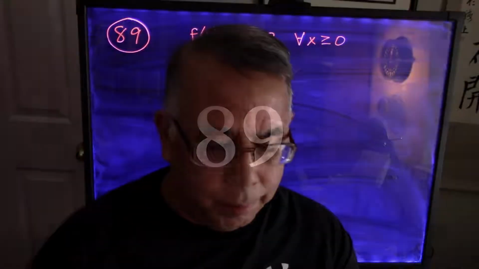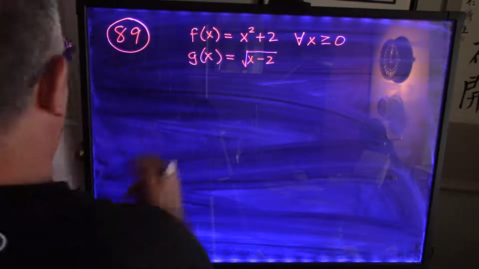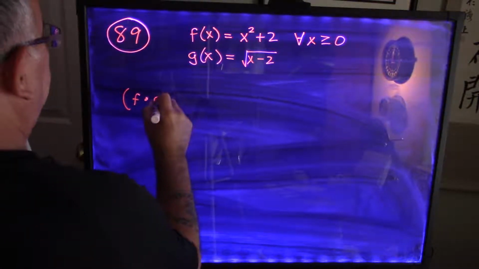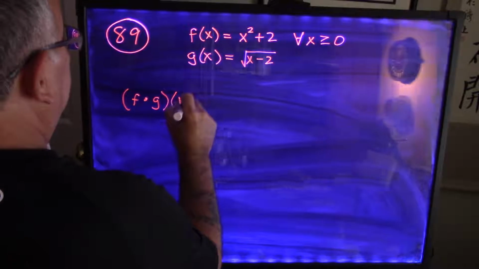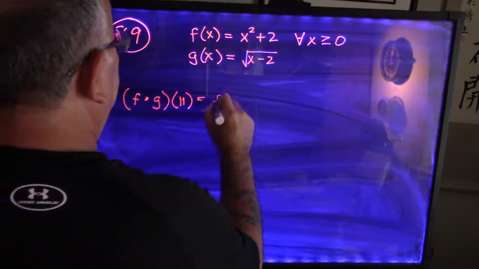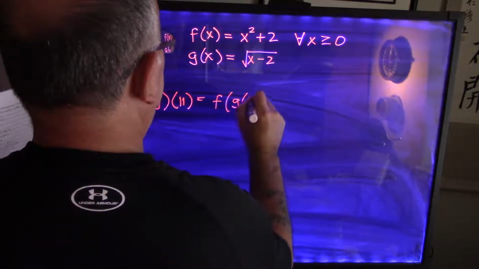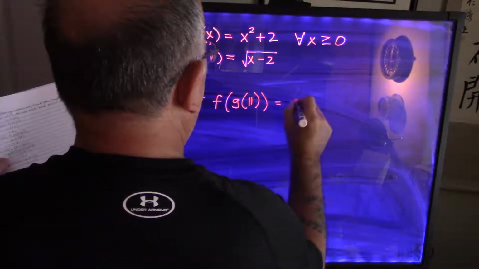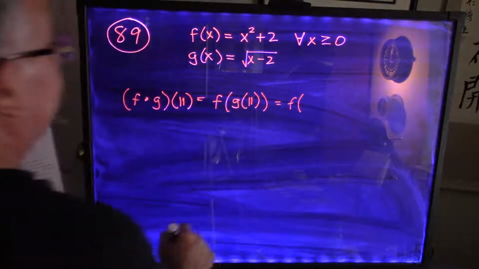Number 89. We want F composed with G of 11 and G composed with F of 11. So F composed with G of 11 is F of G of 11. What's G of 11?